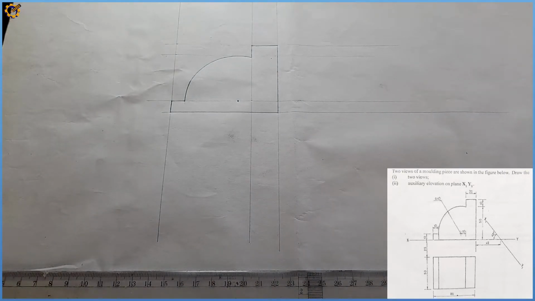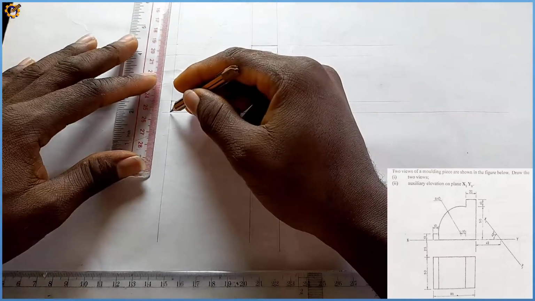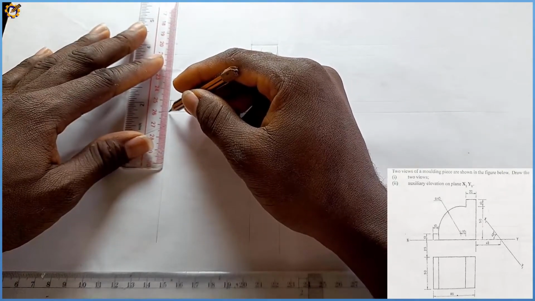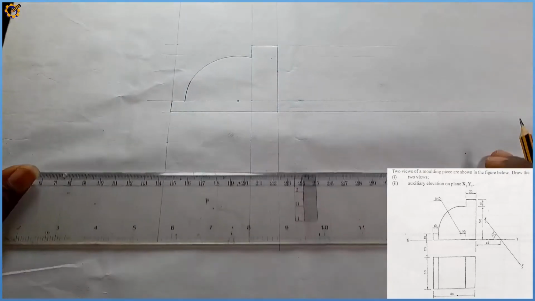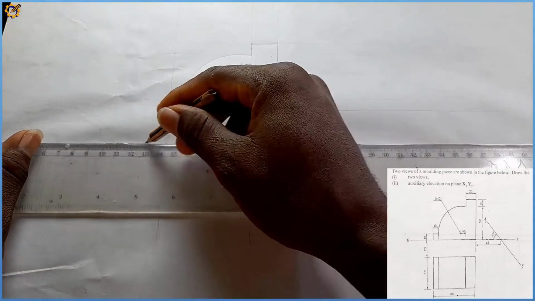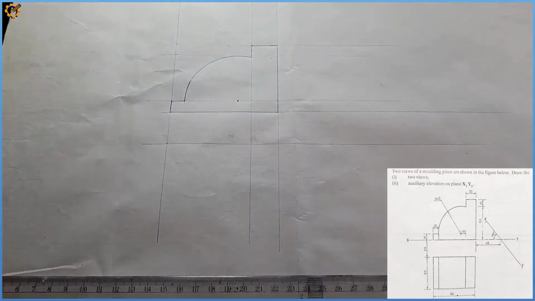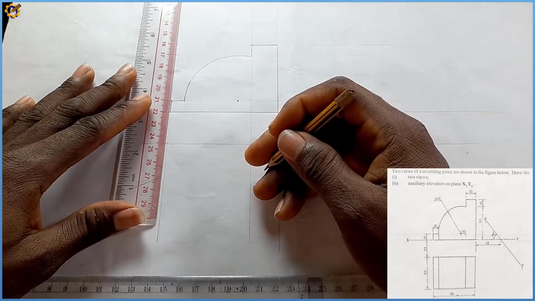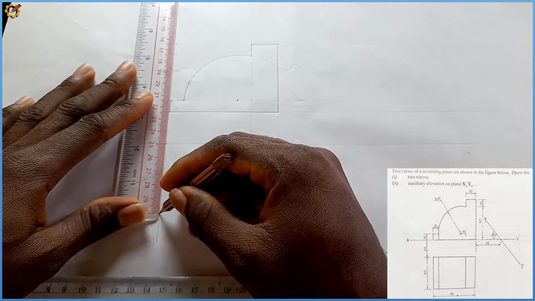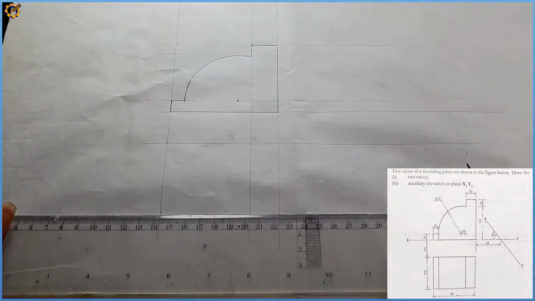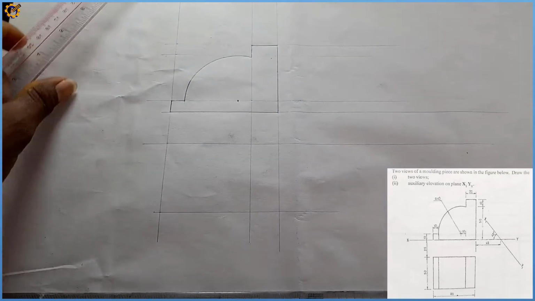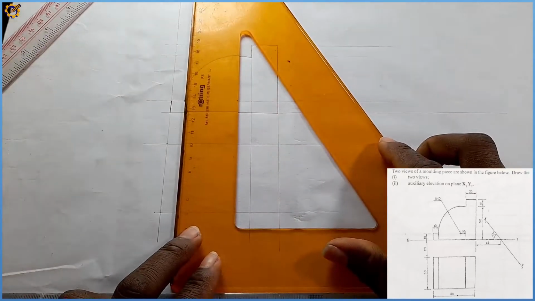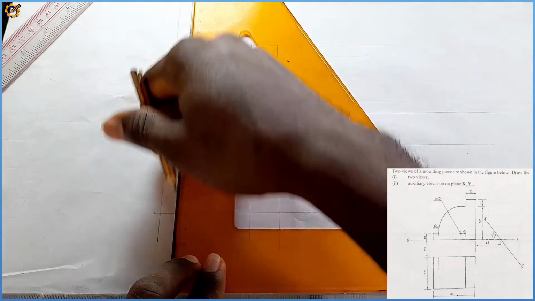So how do we get our plan? So for my plan, from the base here, I'm measuring a distance of 25 mm downward. That's the distance of 25 mm. I'm going to project that horizontally like this, first of all, as you can see. Then after that, I'm taking a distance of 50 from that mark, which is this. Then I'm projecting that also horizontally like this. So then I'm going to project this junction right here downward.